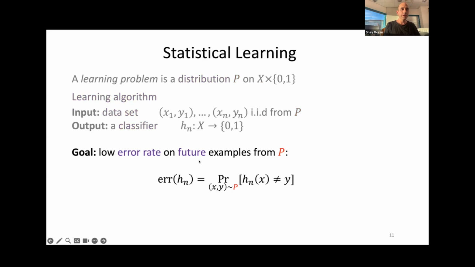The goal is that the classifier that we output has a low error on random examples that are drawn from the same probability distribution. Notice that the input examples and the examples that the error is tested on are coupled. We get the input examples from the same distribution on which we are tested.